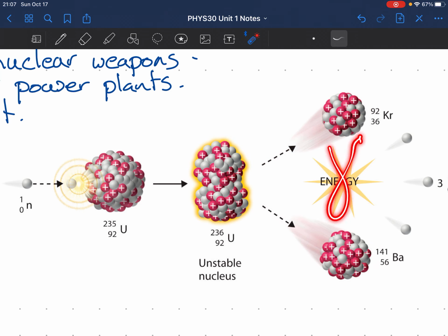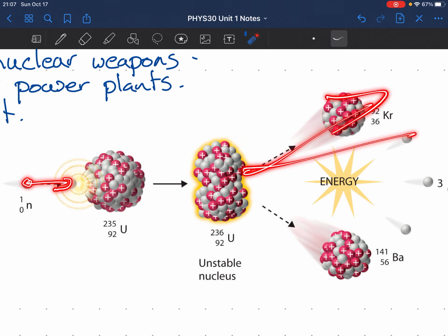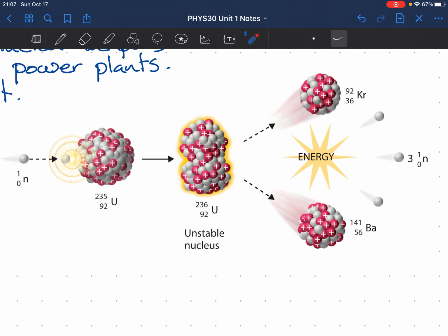Well, this energy comes out as the speed of these guys going flying away really fast. The gamma rays have energy, and these neutrons go flying away really fast. They have energy. So you're putting in a little bit of energy here, and you're getting out a lot of energy out of here. That's perfect. We can use that energy, can't we? So this is the general reaction.